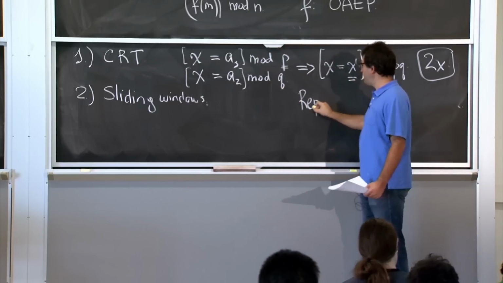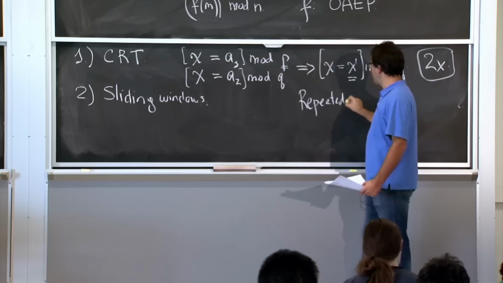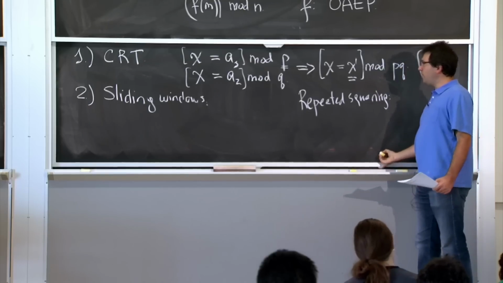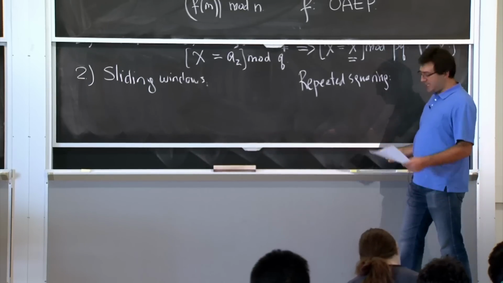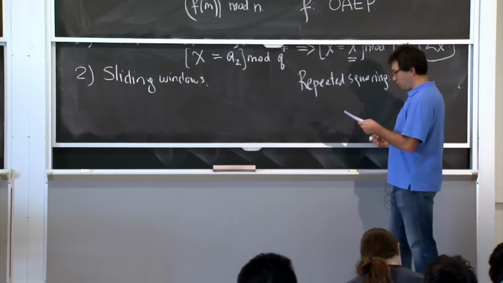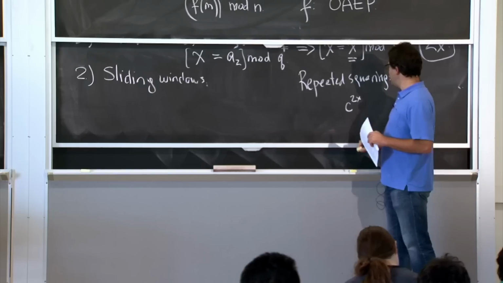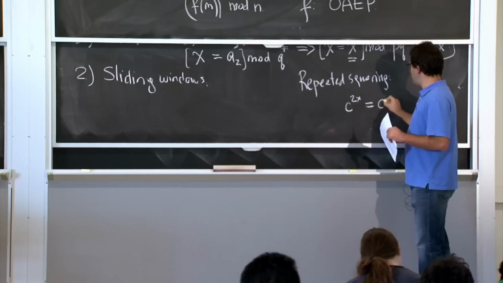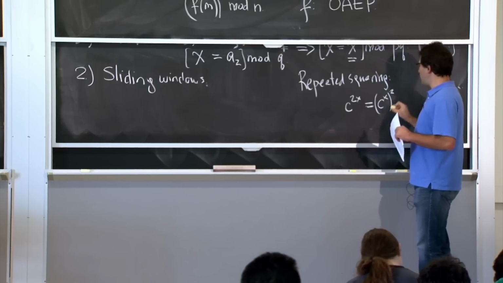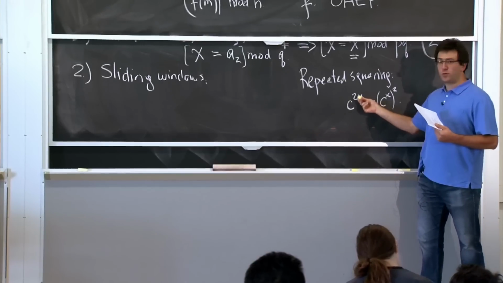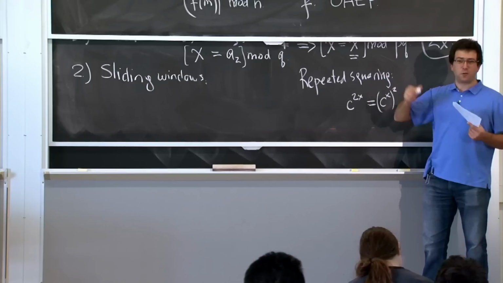This technique called repeated squaring kind of looks like this. If you want to compute c to the power 2x, then you could compute c to the x and then square it. In our naive plan, computing c to the 2x would have involved twice as many iterations of multiplying.